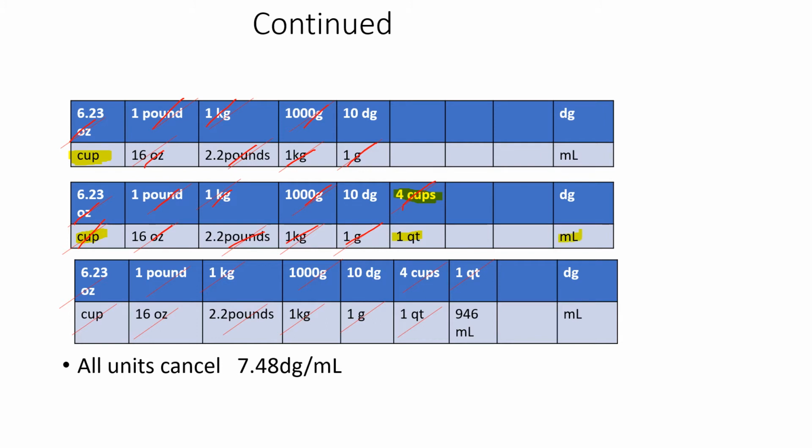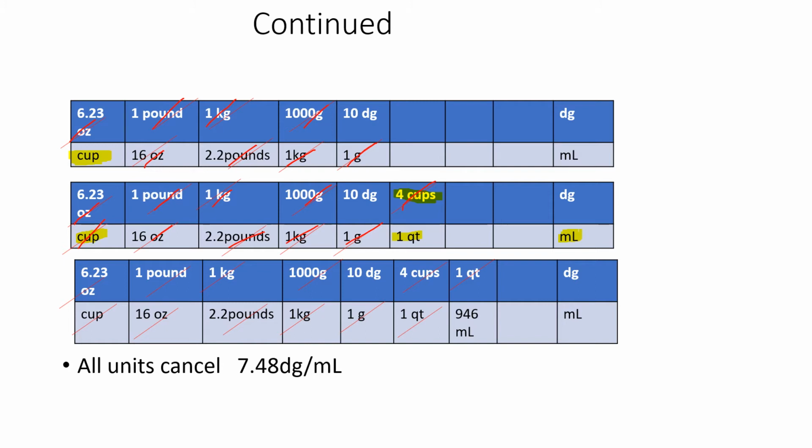Well, we want to be at milliliters. Do we have a way of changing from quarts to milliliters? Yes, that was provided to us all the way at the beginning of the problem. 946 milliliters equals 1 quart. That was our translator equality that was provided. Well, now we're ready to use it.